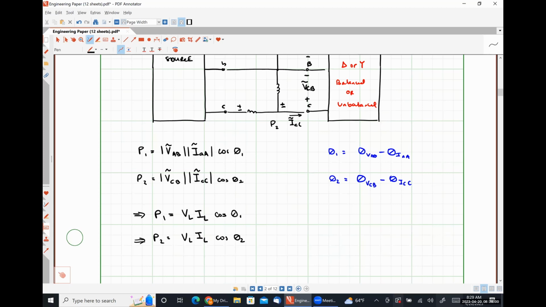So what we're going to do now is figure out how we can express those angles theta 1 and theta 2 in terms of the angle of the impedance. Right? Anybody have any thoughts on what that might be?